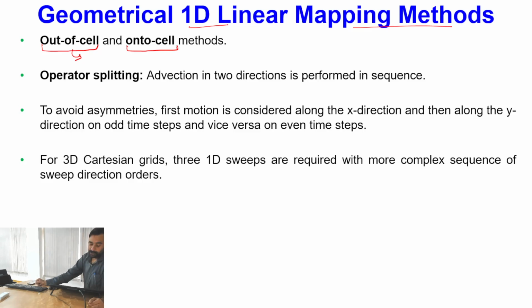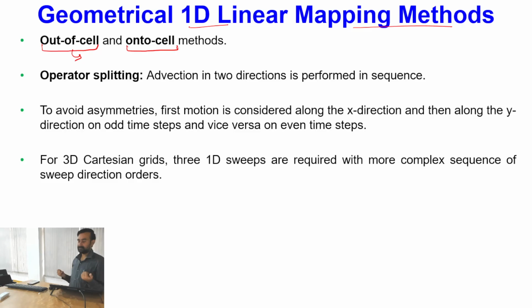Whereas in the onto cell method, first we estimate the geometrical portion of the areas which are going to come to the cell under consideration in the next time step. So in one case our idea is we will be determining how much geometrical portion will be going out, and these will then be translated in the next time step to the neighboring cells.